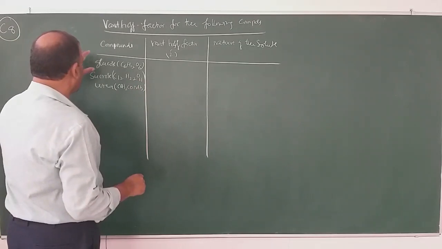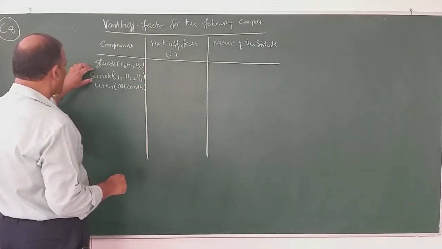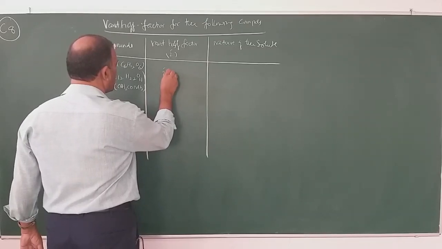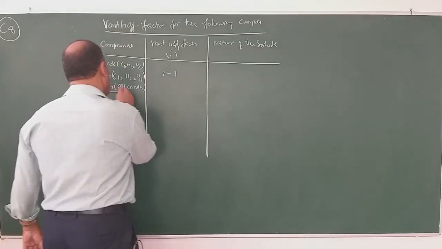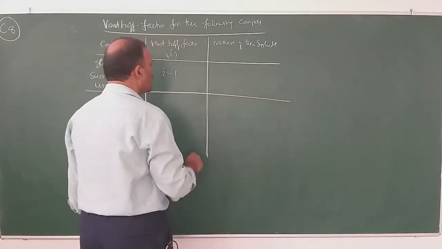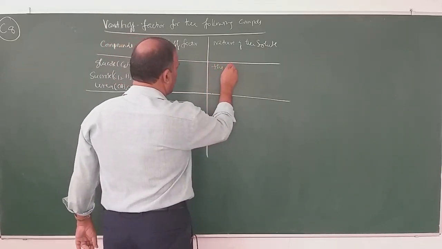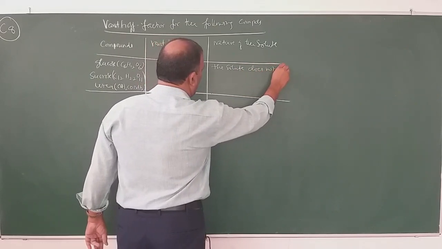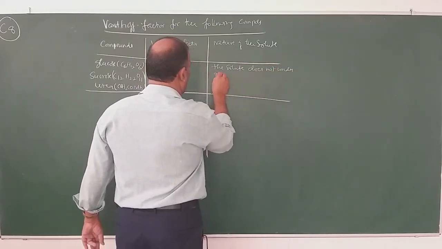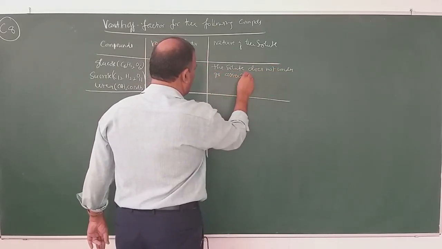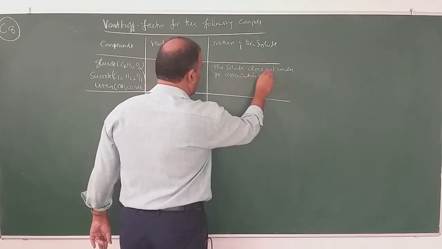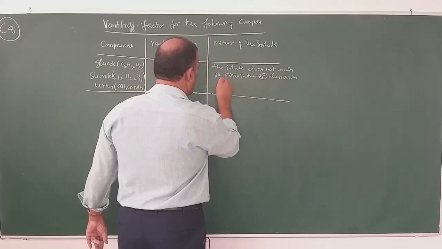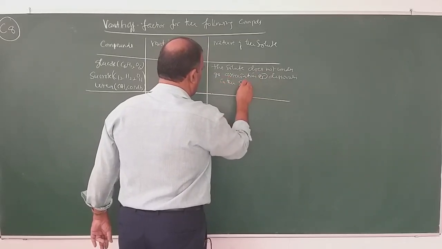For all these compounds, the Van 't Hoff factor i is equal to 1. So what does it mean? The solutes do not undergo association or dissociation in the solvent.